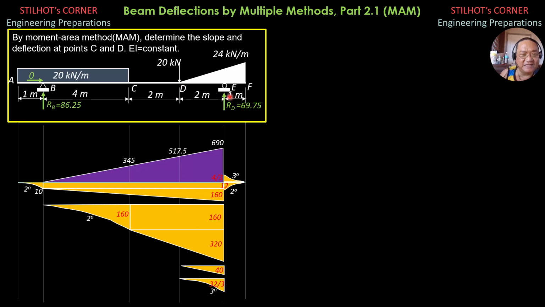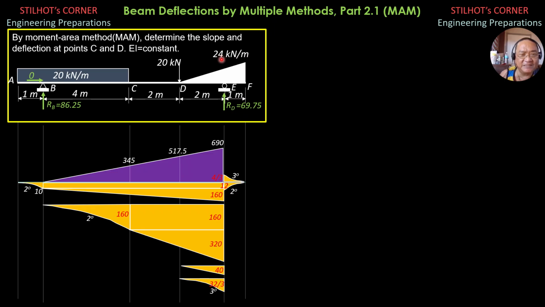And since this is triangular, 16 kilonewton per meter here, 1 half of 2 times 16 is 16 times 2 thirds. That's why you have the 32 over 3 kilonewton meter over EI, and this is third degree. Then for this trapezoidal loading, we treat this as 24. 24 times 1 times 0.5 is 12 kilonewton per meter, second degree.